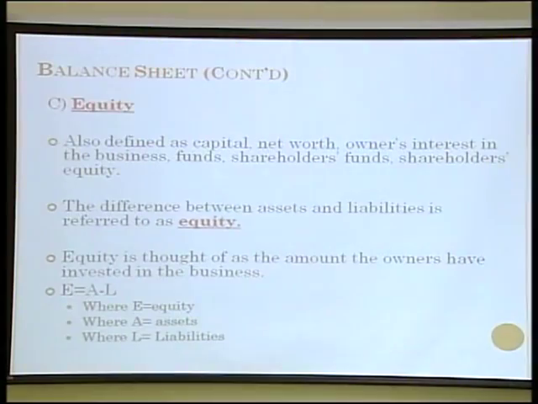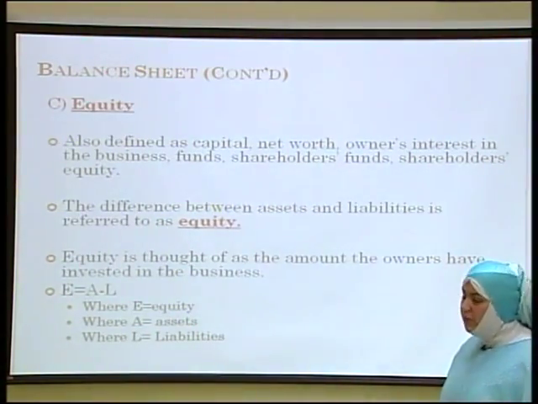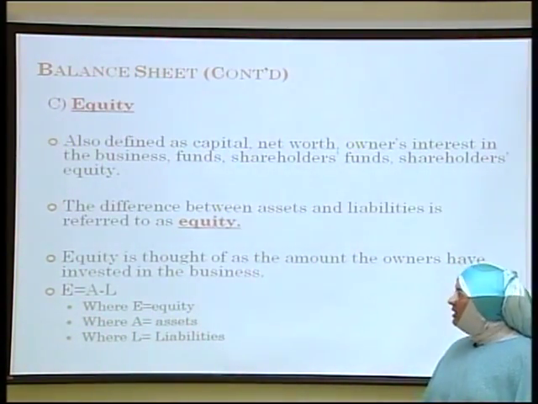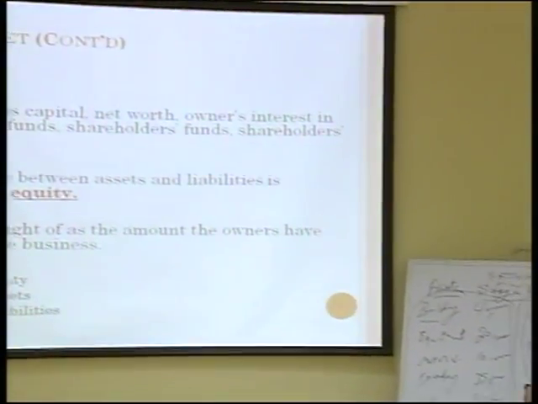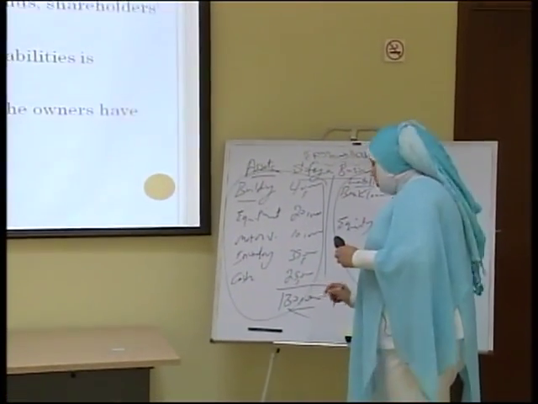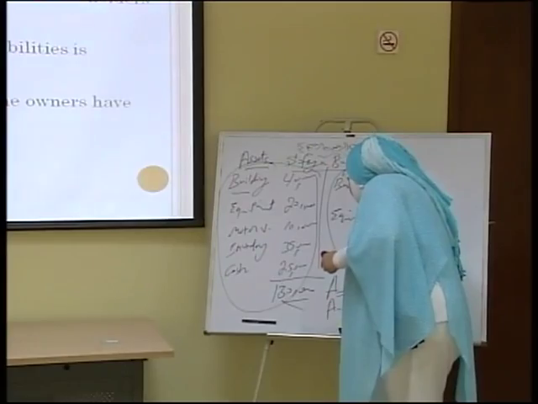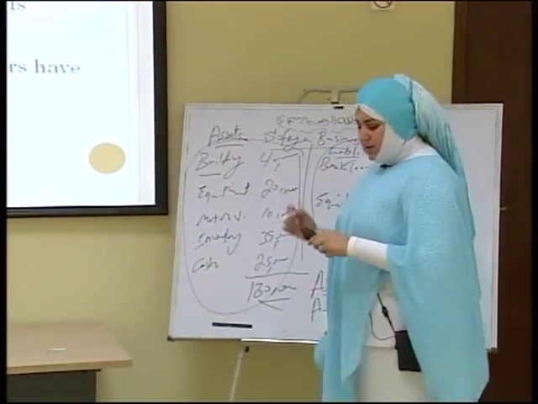All these are names of the word equity. The difference between assets and liabilities is referred to as equity, because we said that assets is equal to liabilities plus equity. So the difference between assets and liabilities is the equity.